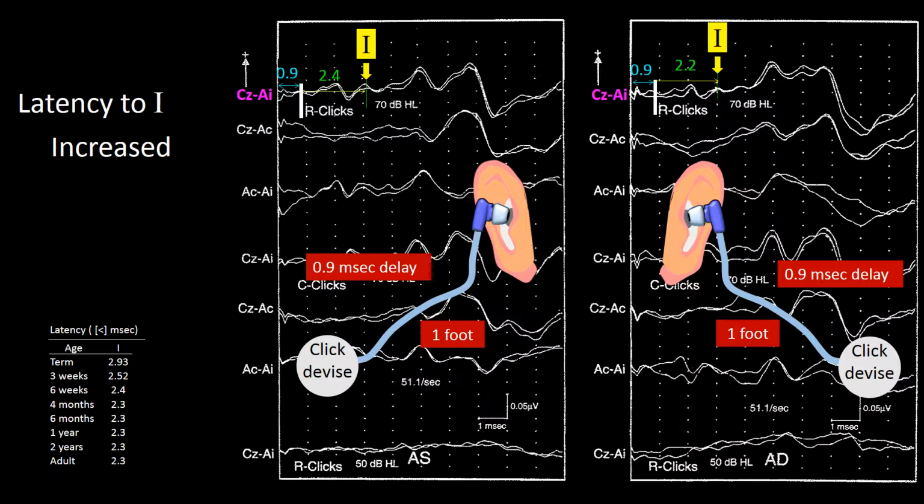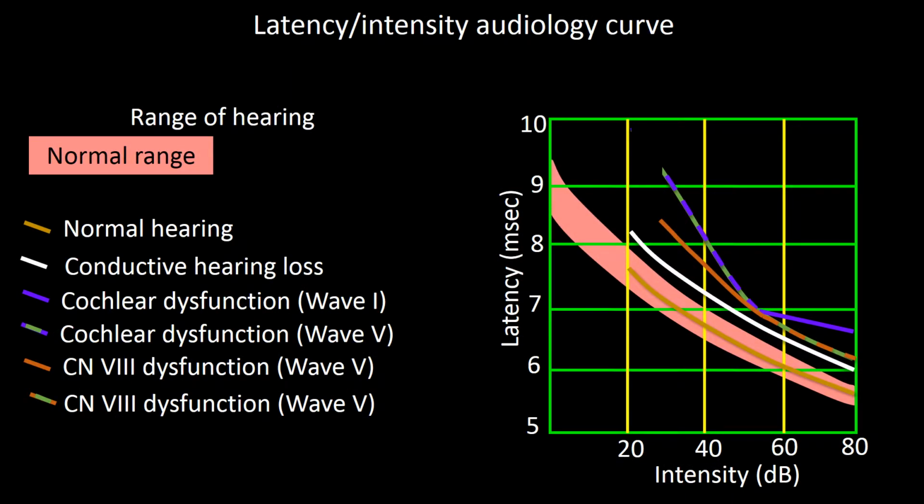This finding, in addition to the absence of wave 1 and 5 at 50 dB and their presence at 70 dB, suggests, as you can see in this chart, which is a latency intensity audiology chart, a cochlear deficit.